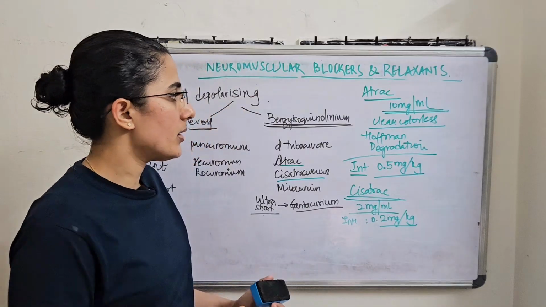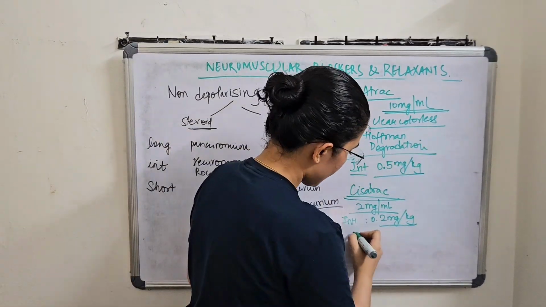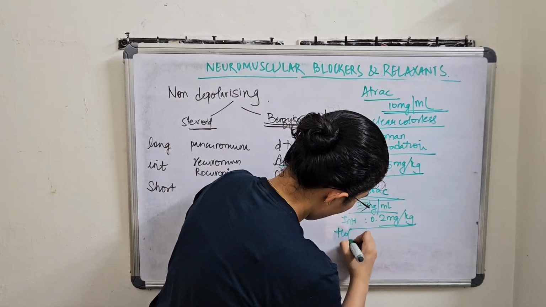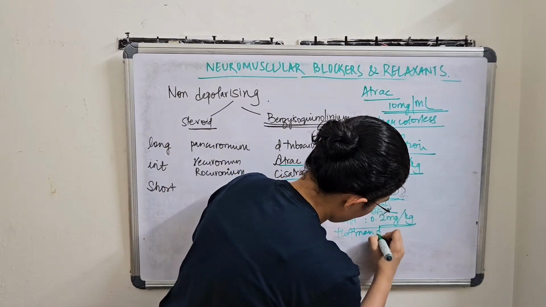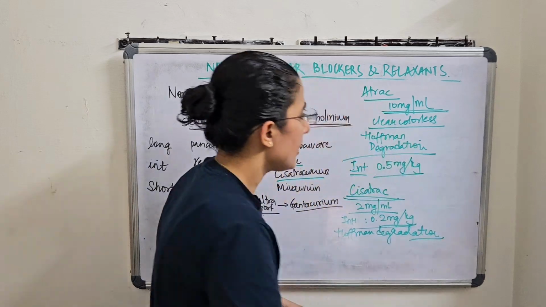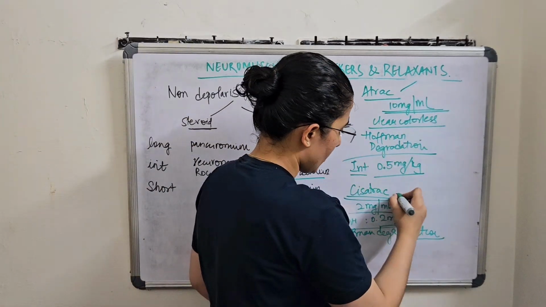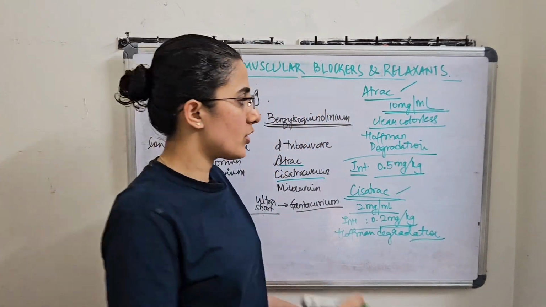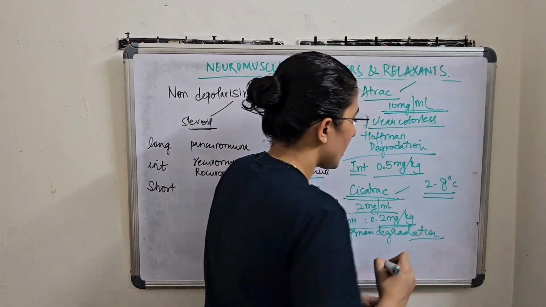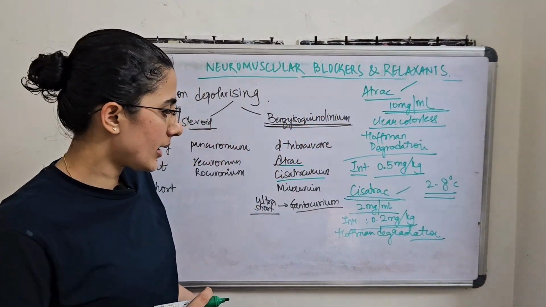One thing to be remembered is that cis-atracurium also gets metabolized by Hofmann degradation. Since it is temperature and pH dependent, both atracurium and cis-atracurium have to be refrigerated and kept at 2 to 8 degrees Celsius in a cold chain.